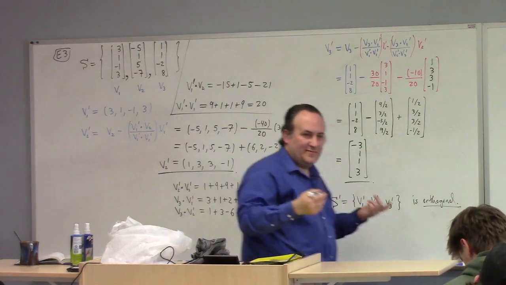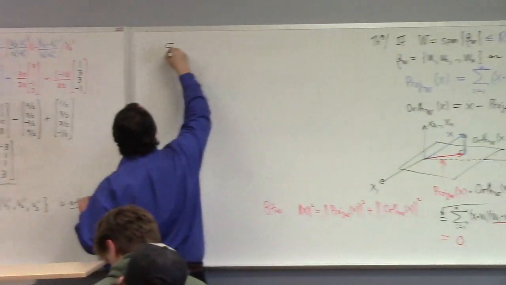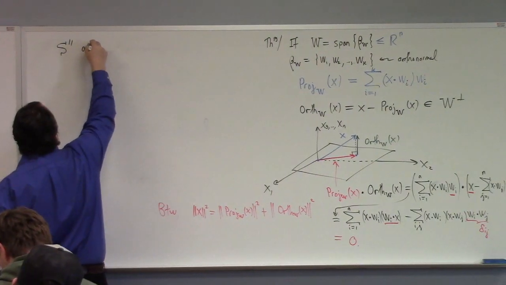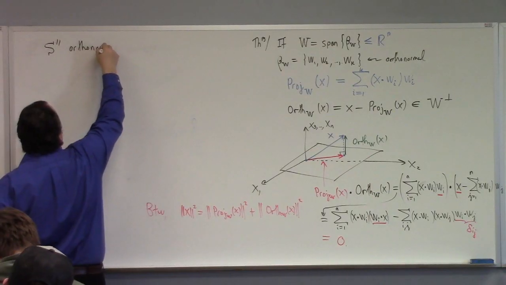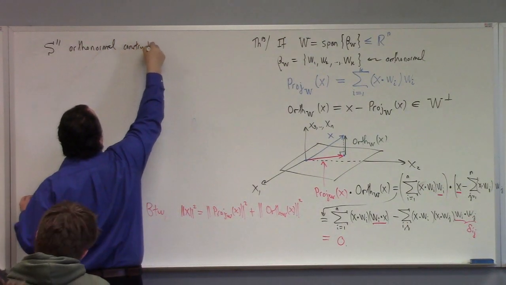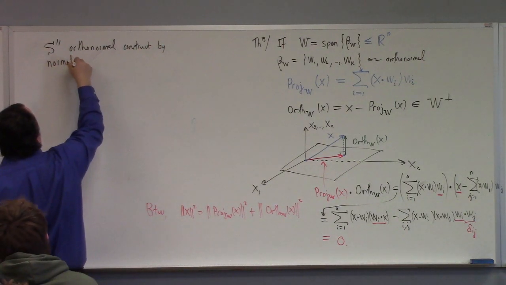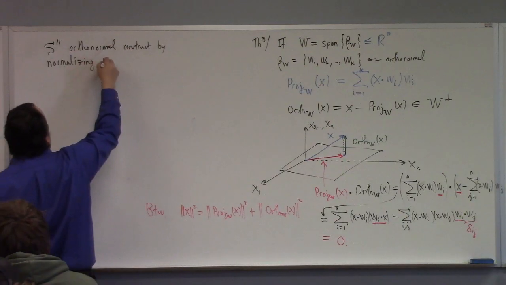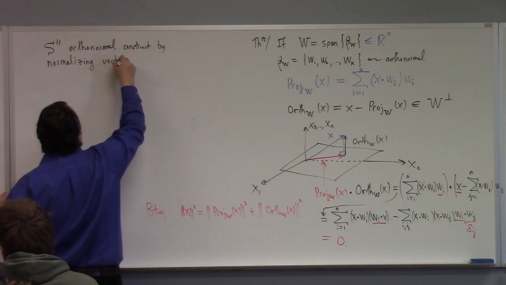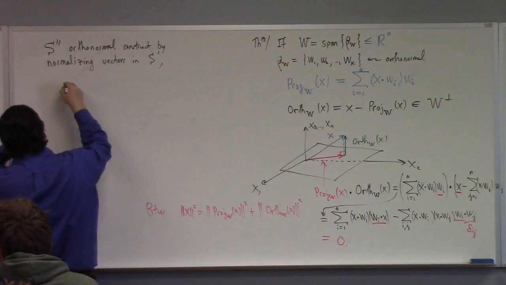Maybe we can use prime prime for orthonormal, right? So let's say S prime prime orthonormal construct by normalizing vectors in S prime.